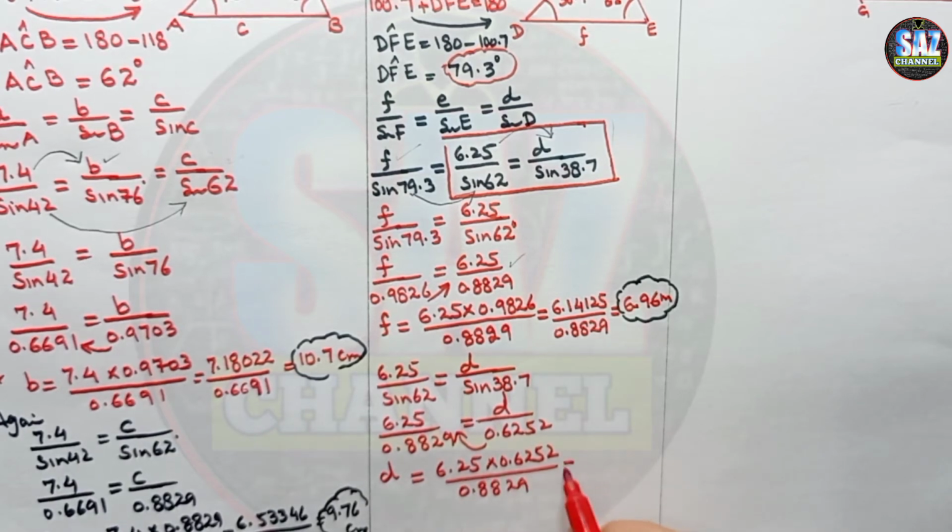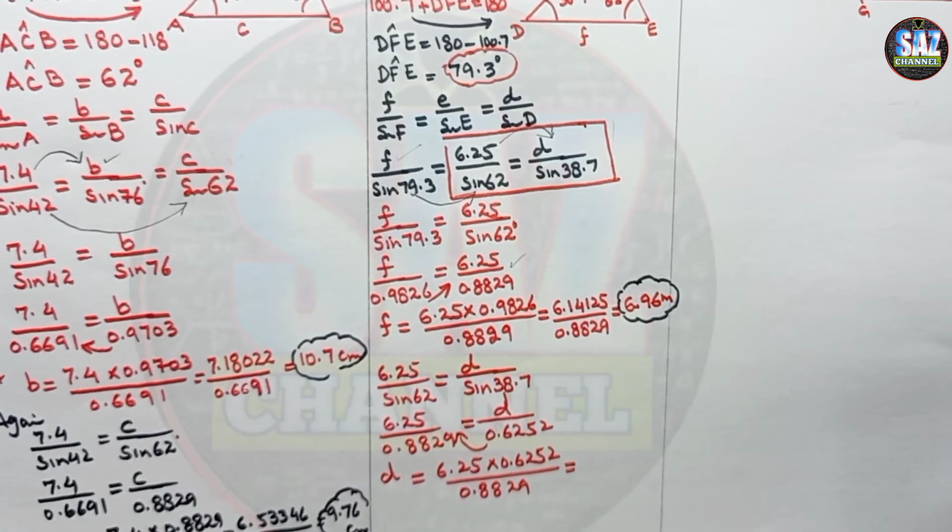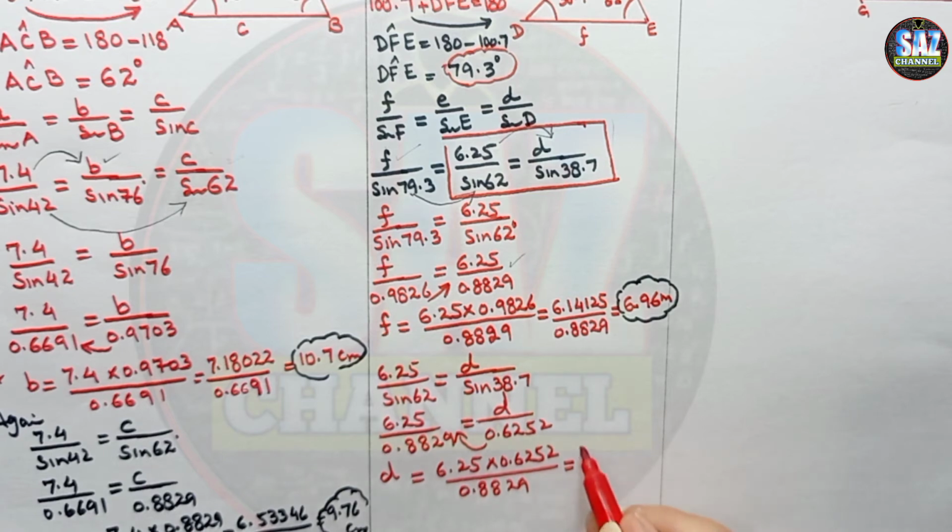First let me quickly take the product of 6.25 multiplied by 0.6252, and this gives me 3.9075 upon 0.8829. Divided by 0.8829, this gives me 4.4257.